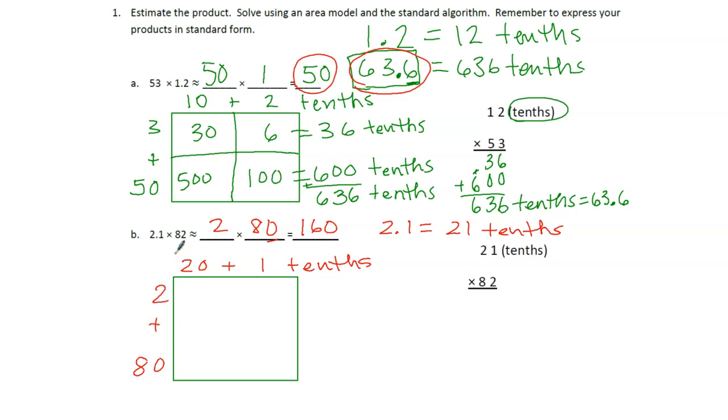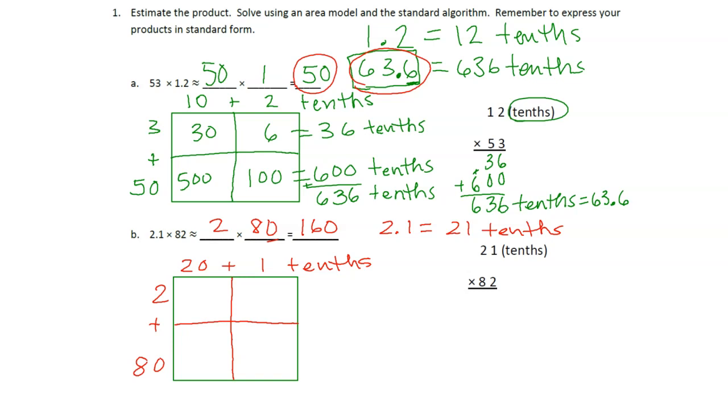And all I did was I decomposed my two factors. 2 and 1 tenth is equal to 21 tenths. I took my 20 tenths plus my 1 tenth, decomposed it across the top. Then my 82 for my second factor, I have my 80 plus my 2 ones. Go to my plus signs, I'm going to draw my vertical partition and then my horizontal partition. Now we're just going to do the basic multiplication.